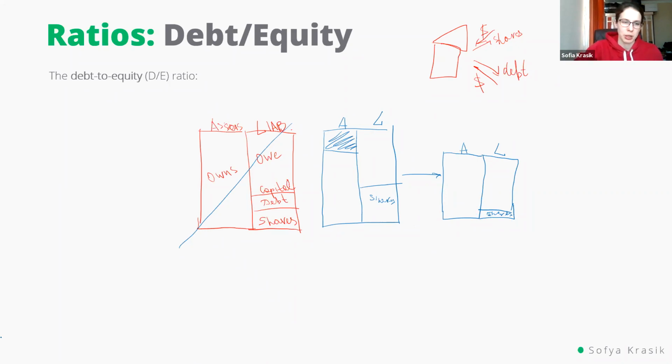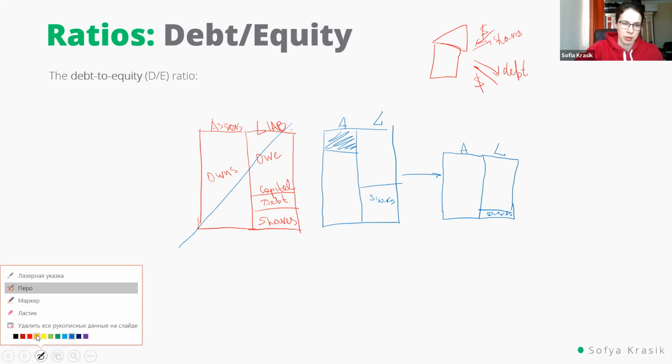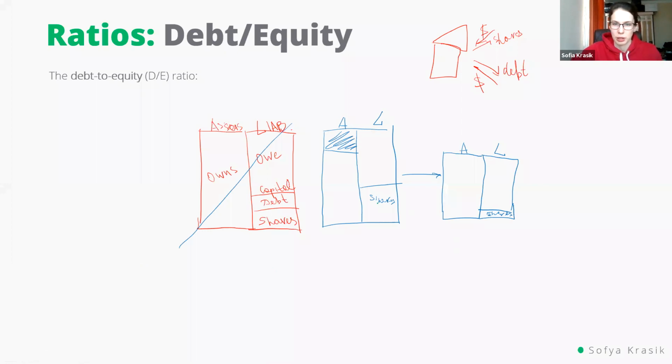But the problem would be completely different and much bigger if the company had a huge amount of debt. Let's assume that the green square here is debt, and debt cannot shrink because debt is a predictable fixed payment.